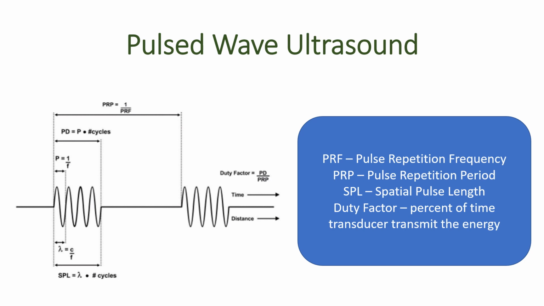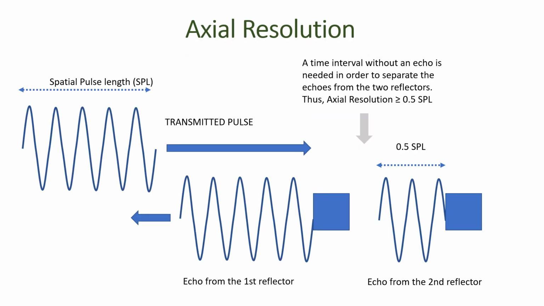One relates to the ultrasound wave itself, its frequency and wavelength, and the second relates to the pulsed ultrasound with the pulse repetition frequency, or PRF, and the spatial pulse length. The spatial pulse length determines the axial resolution, the ability of the ultrasound to image separately two closely positioned reflectors.